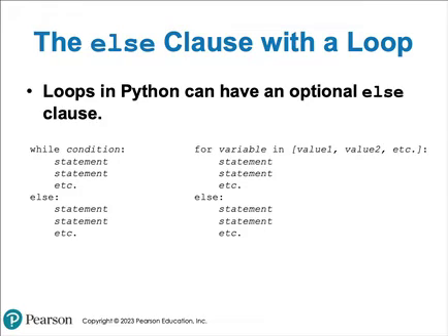Now then, I am not sure, but the only place I've ever really seen this is in Python, and that is putting an else statement after a loop, whether it be a for loop or a while loop.